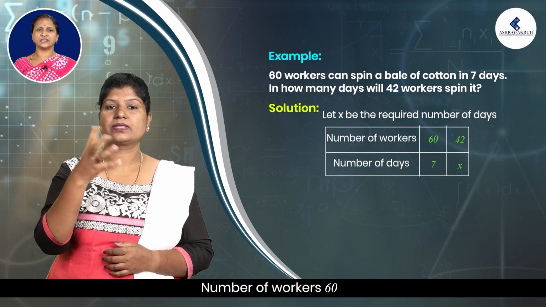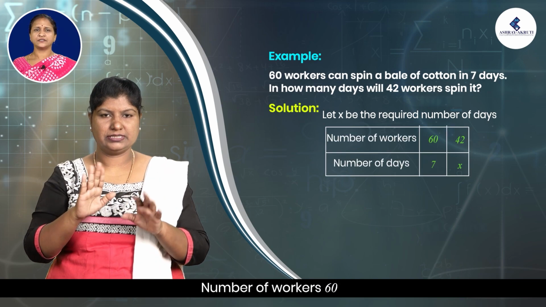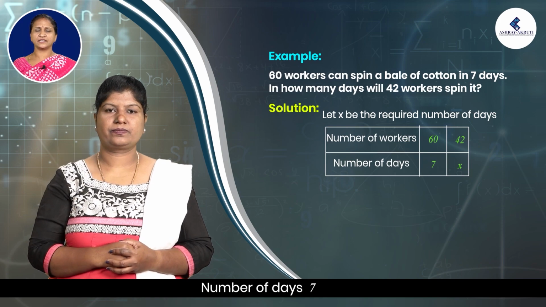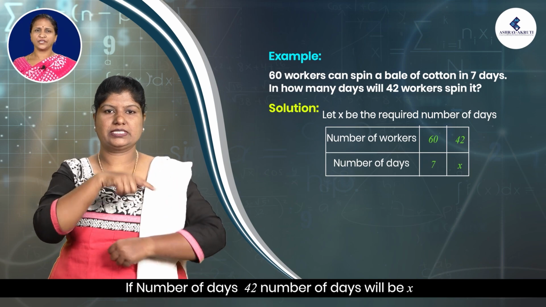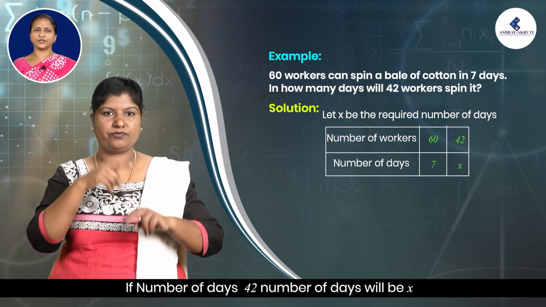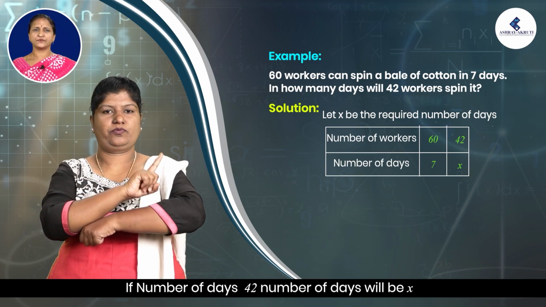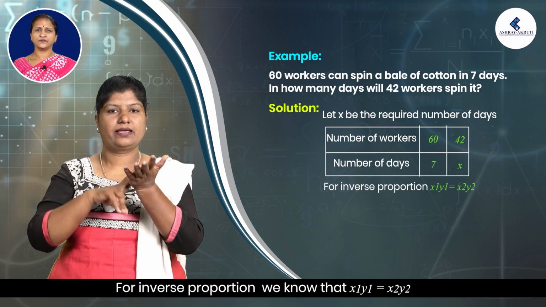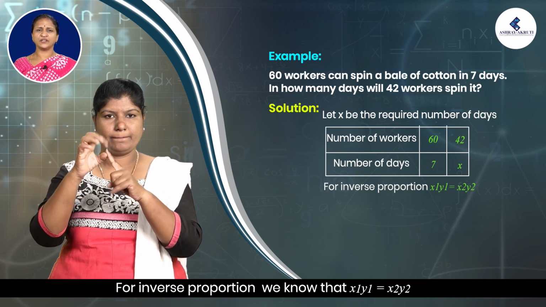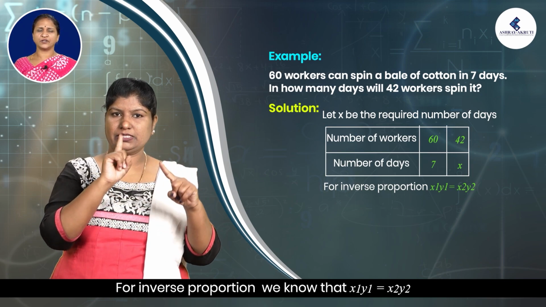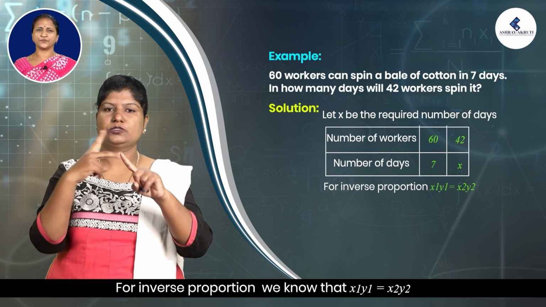Number of workers are 60, so number of days is 7. If number of workers are 42, number of days will be x. For inverse proportion, we know that x1 into y1 is equal to x2 into y2.